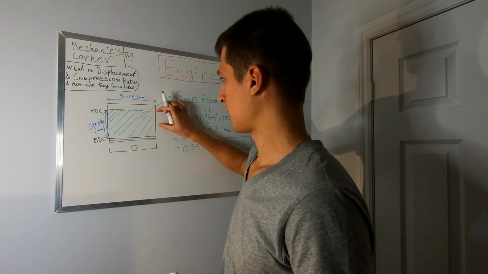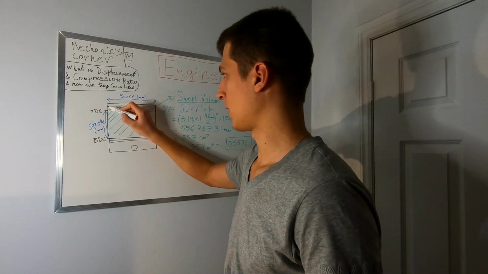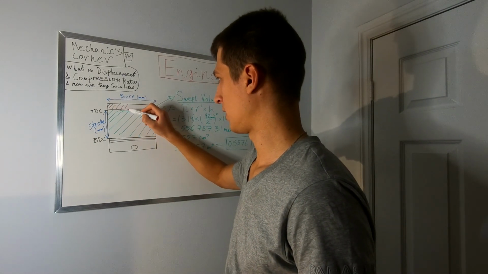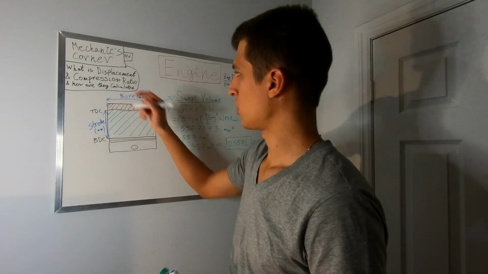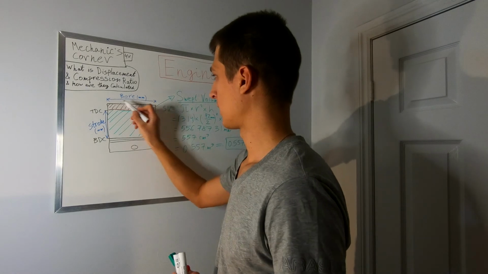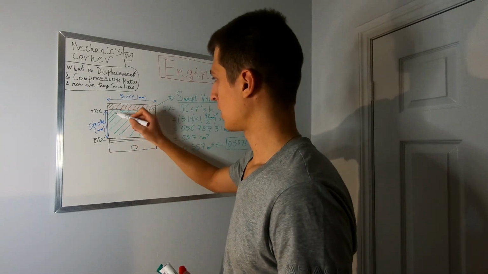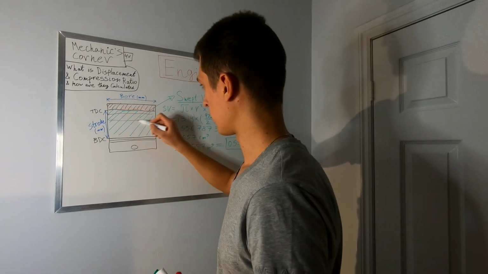And obviously, because the piston would be here, anything that's left would be up higher than the piston. And the compression ratio is how many times this compression area fits into the swept volume.